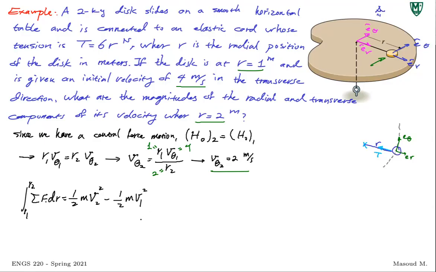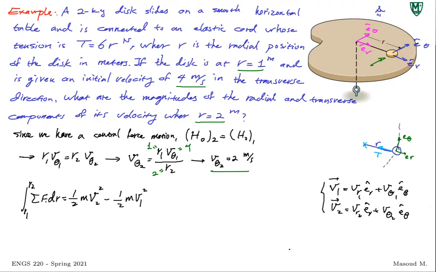Now remember, we are in a polar coordinate system. So v1 is v_r1 e_r plus v_theta1 e_theta, and v2, same story, is v_r2 e_r plus v_theta2 e_theta.